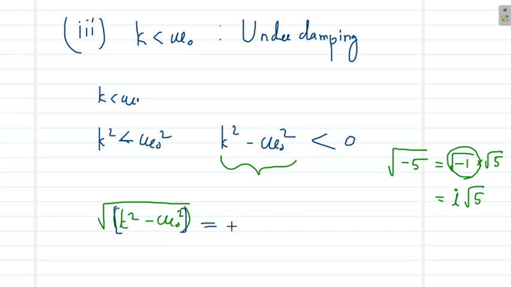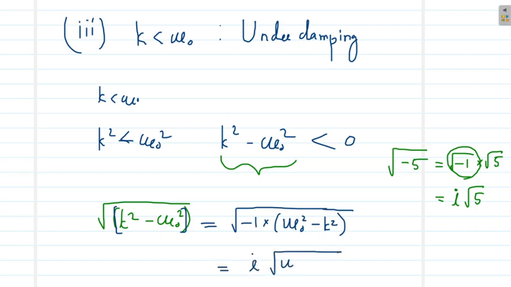So what you will do is take the square root of minus 1 into root of omega 0 square minus K square. So this is equal to I into root of omega 0 square minus K square.